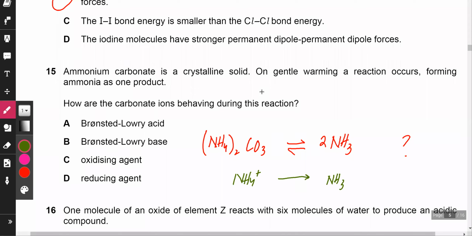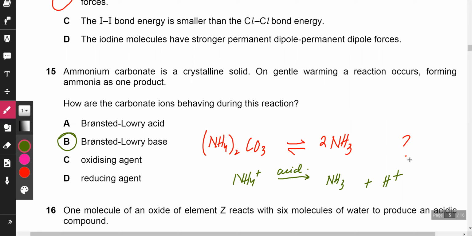They've given a proton, so they've actually lost an H+, so it's behaving as an acid. So what would the other thing be behaving as? It would obviously be behaving as a base, but we don't know what's forming.